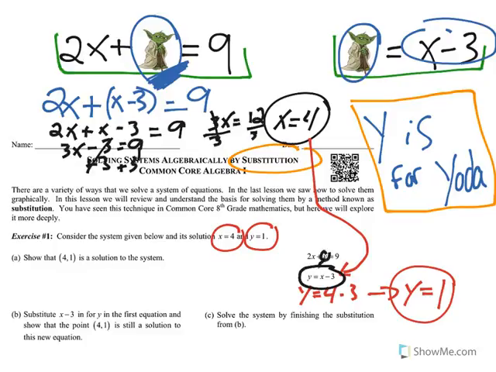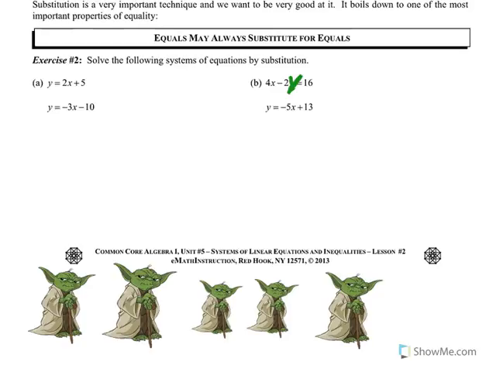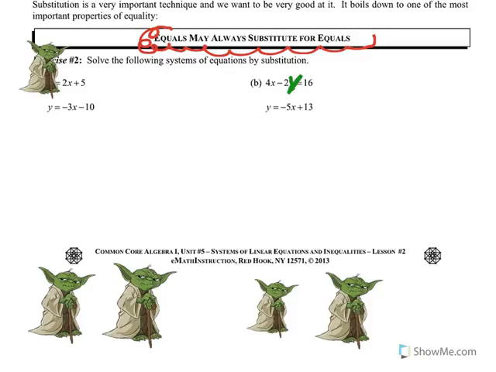All right, so let's take a look at it again with some more Yodas. All right, this is the key idea with substitution. Equals can substitute for equals. All right, and I like to think about it again with the Yodas. So let's treat y like it's called Yoda for all of these. So if I have these two equations, we have Yoda equals 2x plus 5, and we also have Yoda equals negative 3x minus 10.